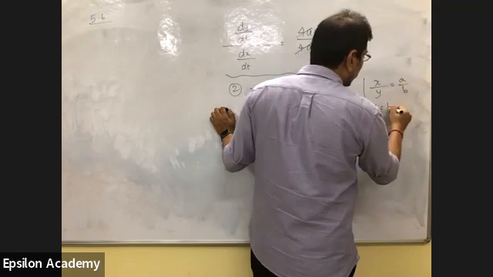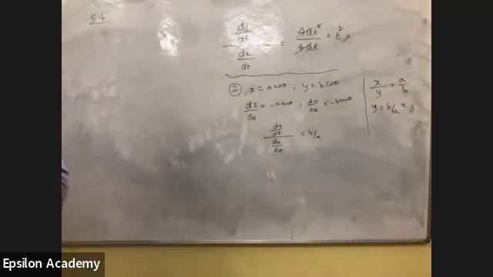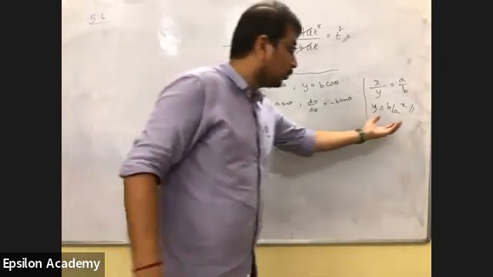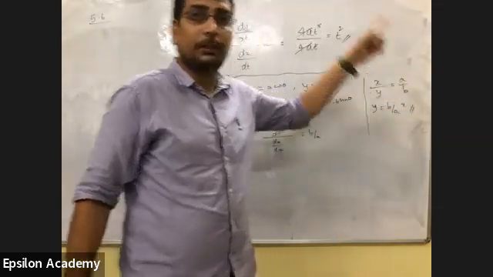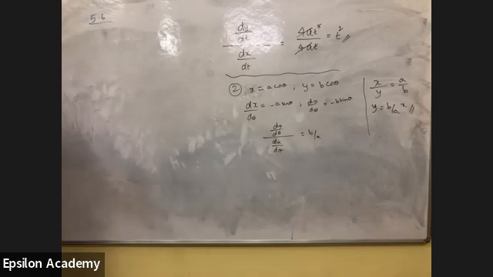So y is equal to b by a into x. This is in the form y is equal to mx; it's actually a secant passing through the origin. So you have to have a good grip of this, because in applications of integrals they will ask you such problems. So it's better you start adapting this method. Math will become easy.